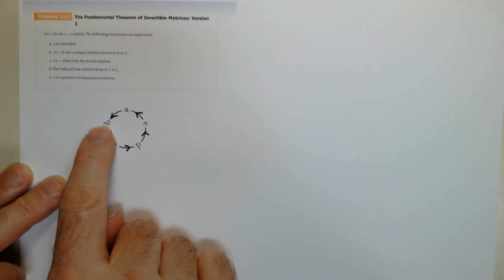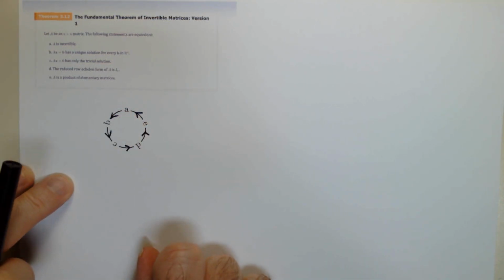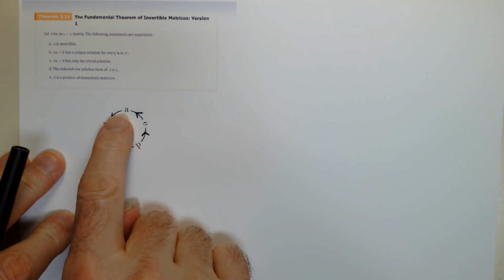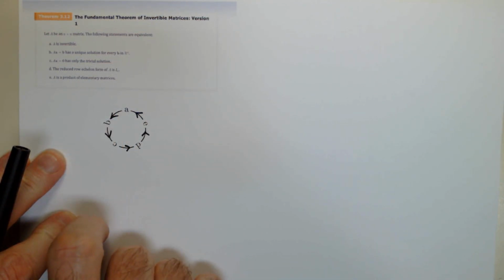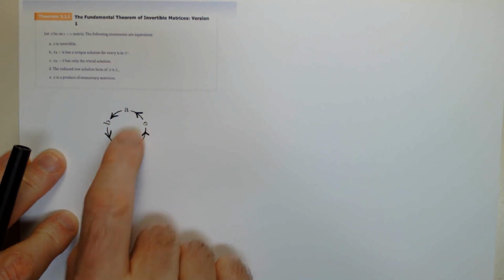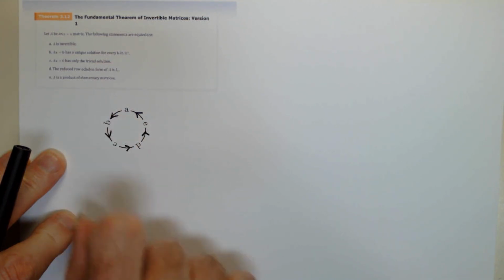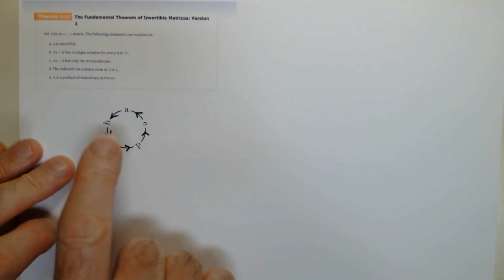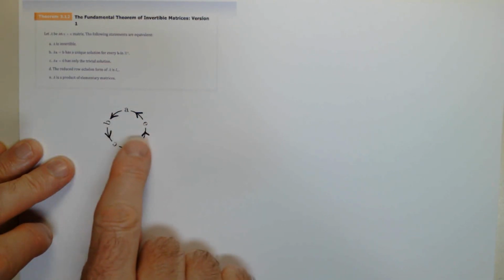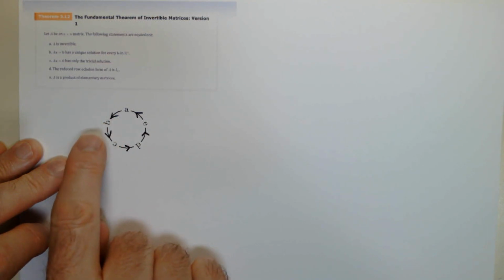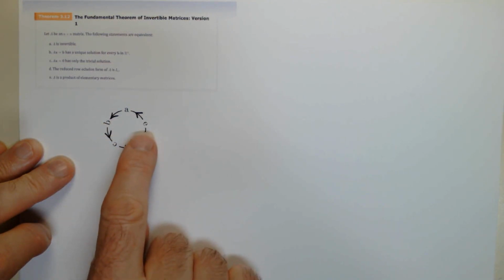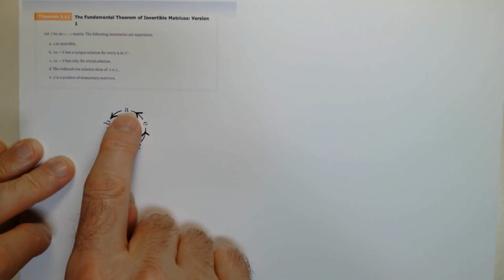So in this case, A to B to C to D to E to A. And then what we're going to show is that if A is true, then B is true, and if B is true, then C is true, and if C is true, then D is true, and if D is true, then E is true, and if E is true, then A is true. So we're going to show 5 implications: A implies B, B implies C, C implies D, D implies E, and E implies A.